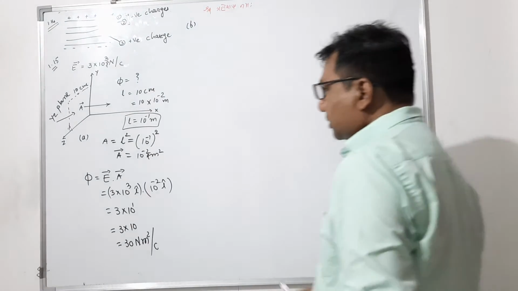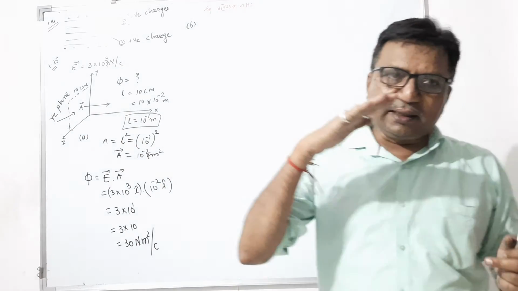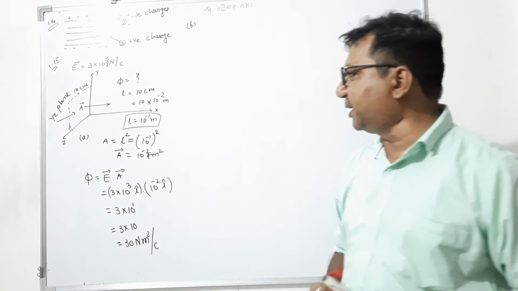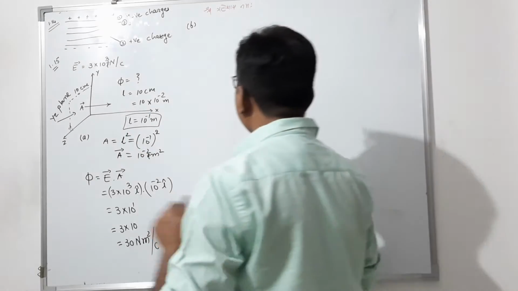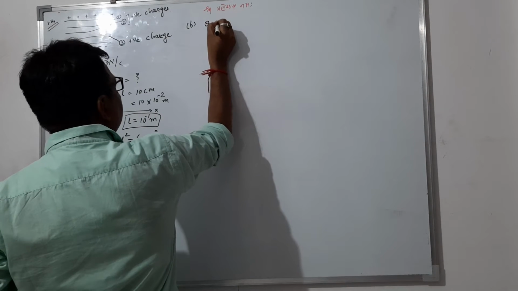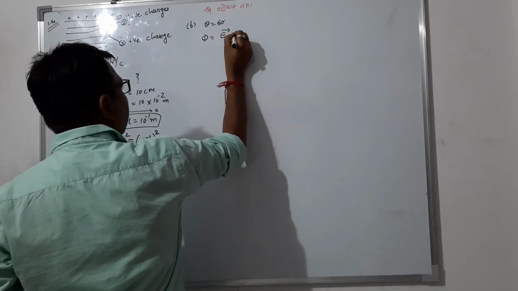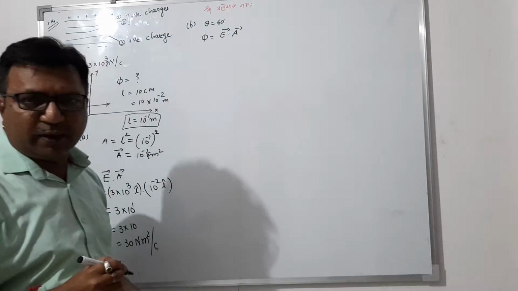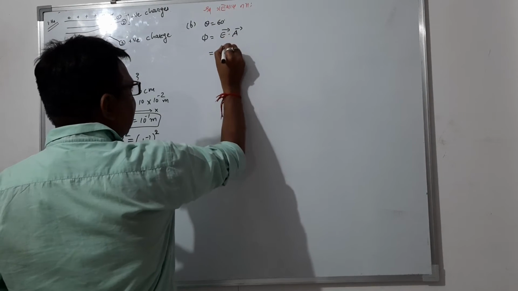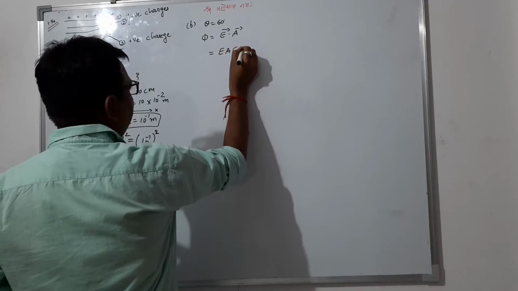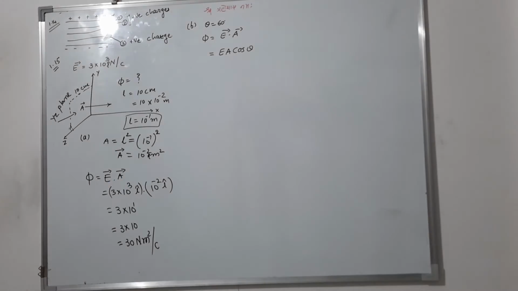Here one more question is that in 1.15 the square is making an angle of 60 degree with x-axis, and if the angle is 60 degree, so again you have to find out flux, again you have to apply the same formula. So when you are removing this dot, it is EA cos theta. 4th chapter, 11th standard.